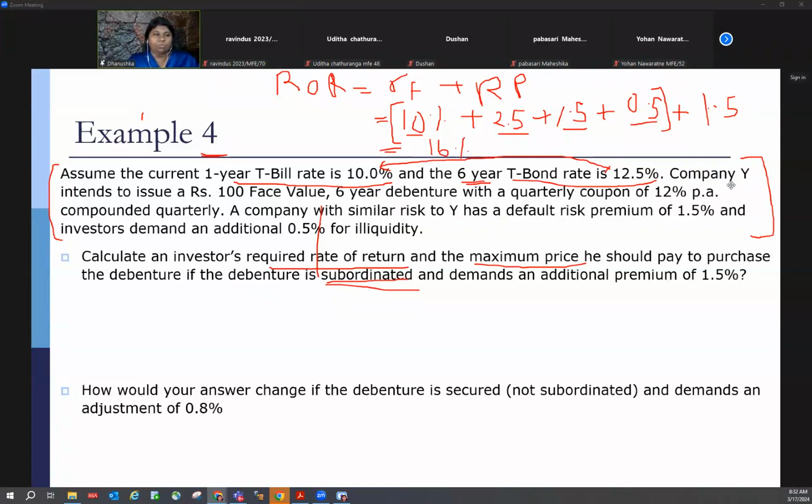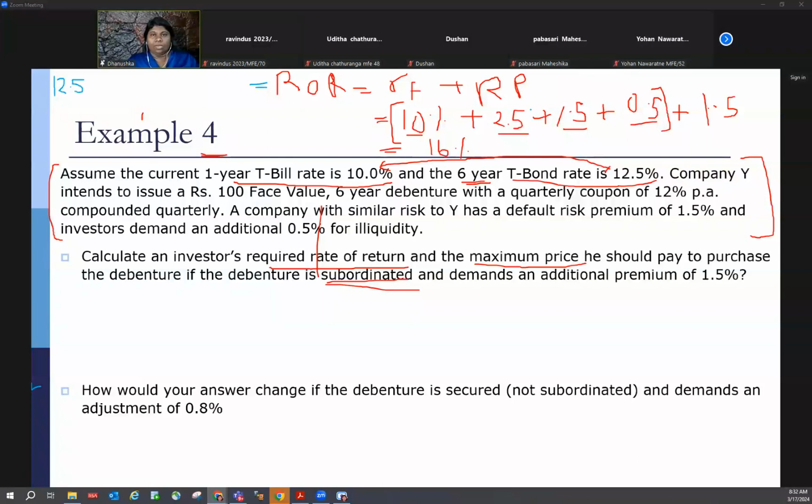So how do you skip one small step here? It's also correct to calculate the required rate of return straight away. Instead of using 10, we use 12.5 straight away, right?